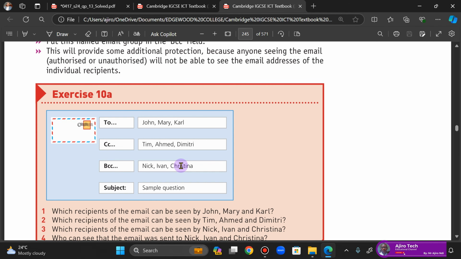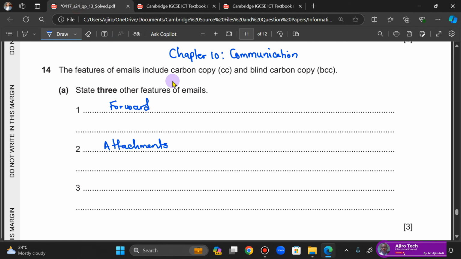Signatures can also be attached. So this is very important. So auto reply, which we call automatic reply to messages.